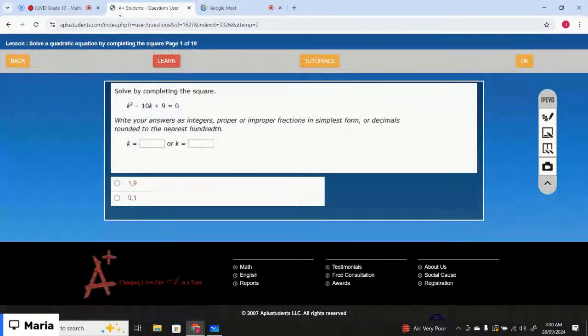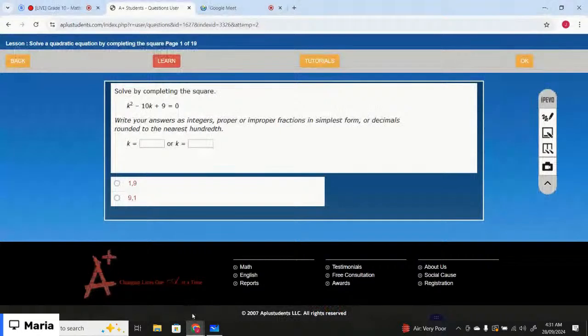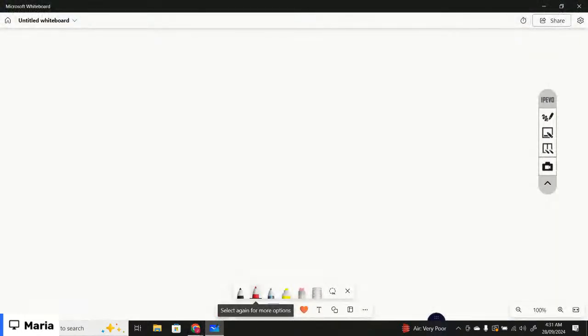Okay. k square minus 10k plus 9. Okay, let's just move 9 to the other side, right?